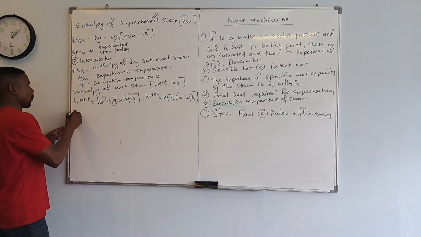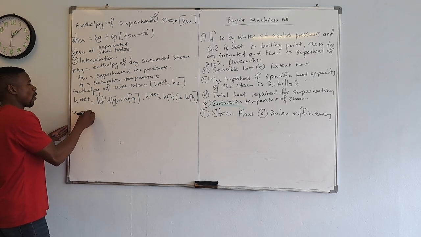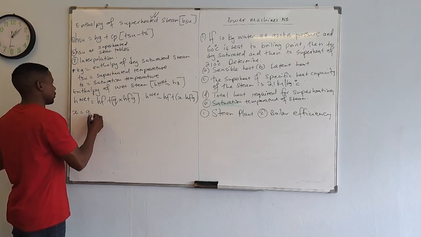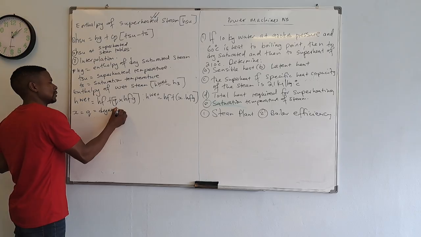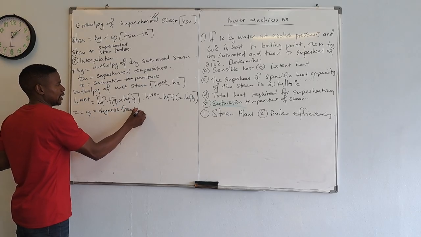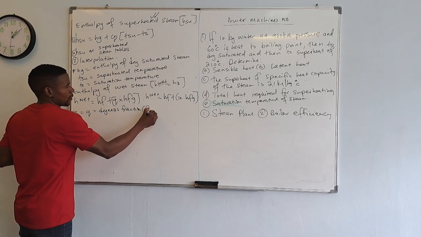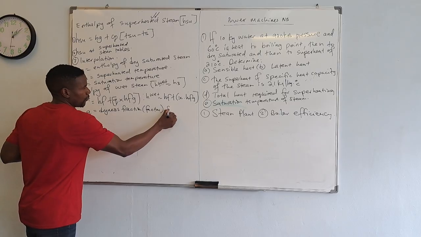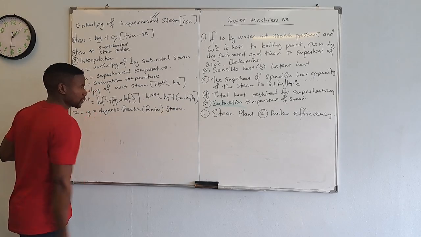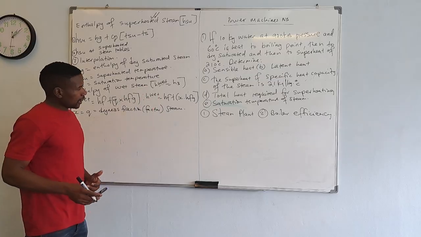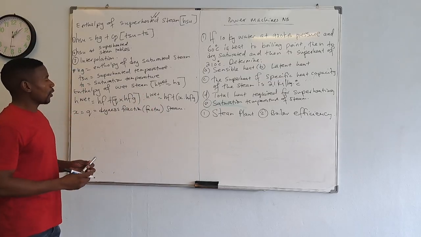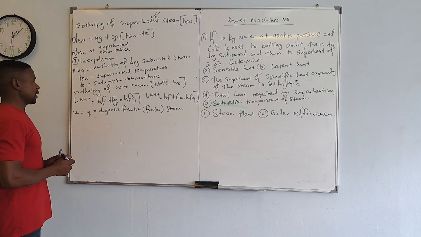Where our X or our Q denotes our dryness fraction or dryness factor of steam. In other words, it tells whether it is the quality of wet steam or whether it is superheated.